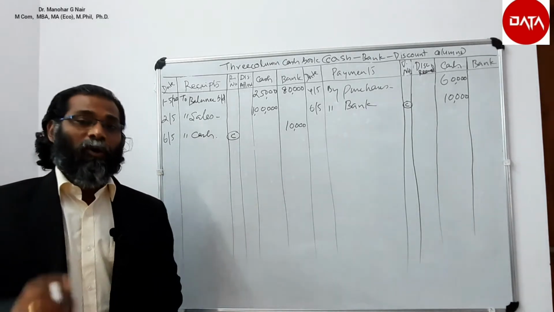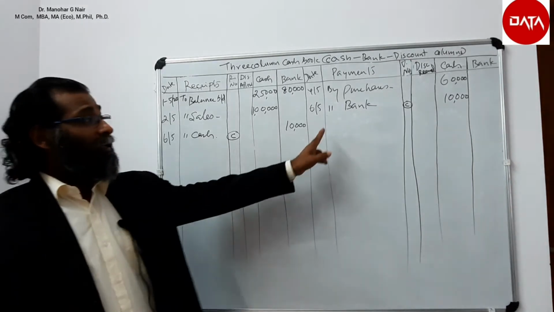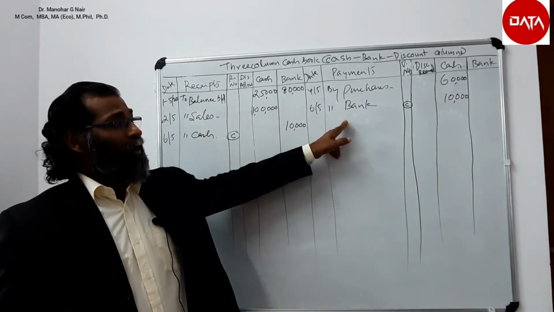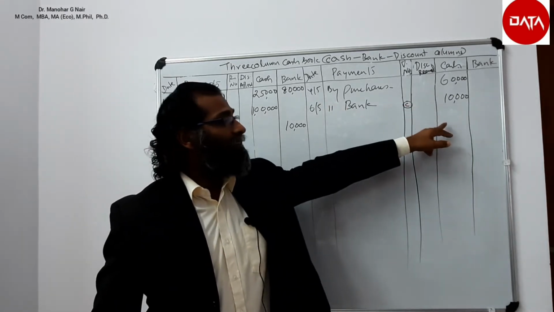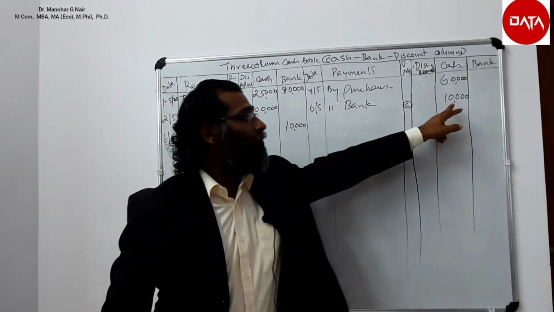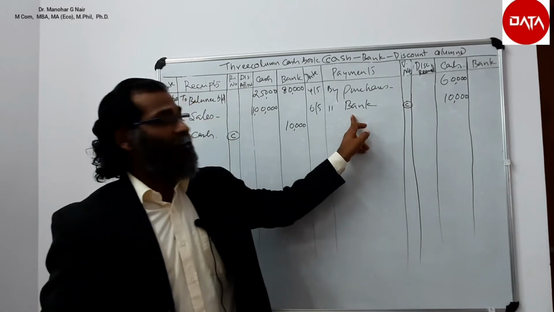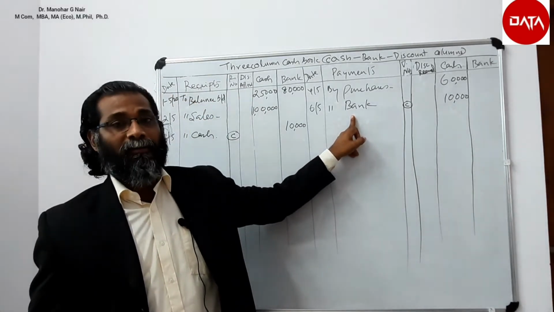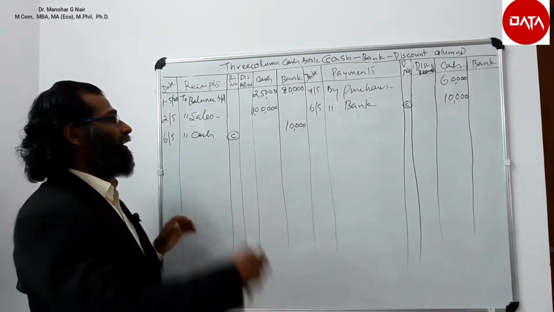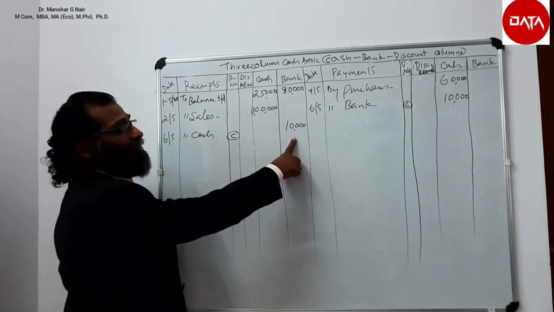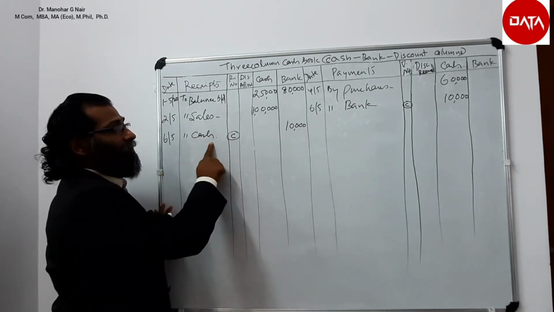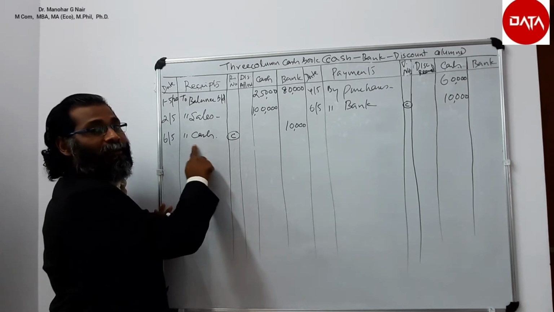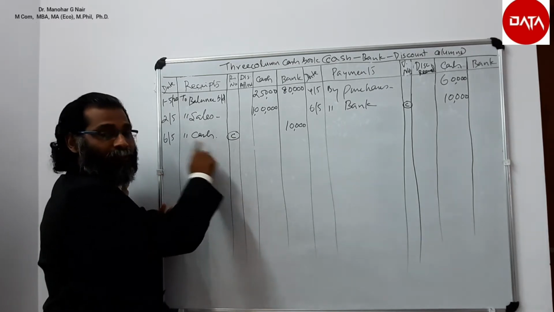Here in this example, cash paid to the bank. So while we write the payment side, in the cash column we have to write the amount, and in the particular column we have to write bank. At the same time, in the receipt side we have to write the receipt in the bank column, and in the particular column we have to write cash.